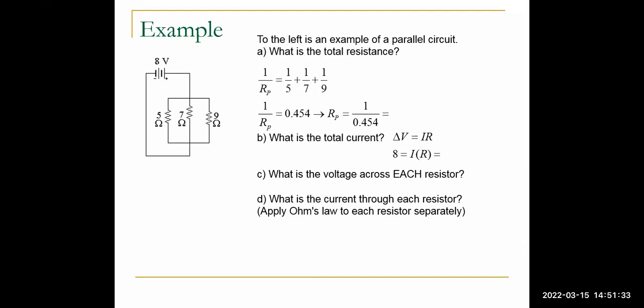So nakuha is 0.454, di ba? Yan. So pag sa total current, we have IT is VT over RT, which is total voltage natin ay 8 volts, divide the RT, yung total resistance natin kanina.